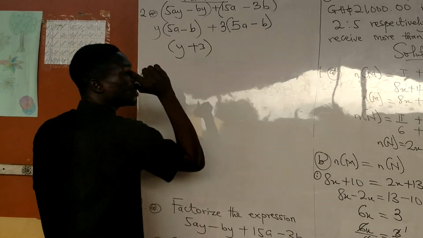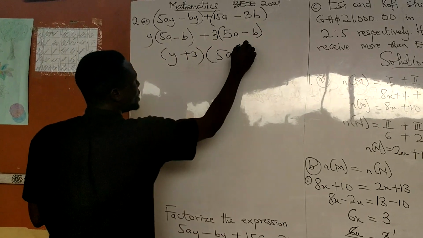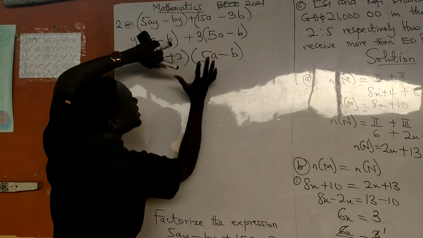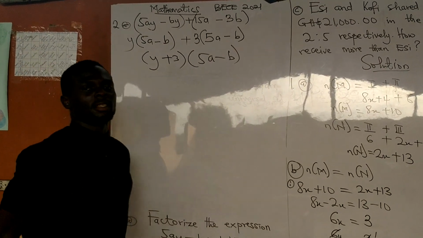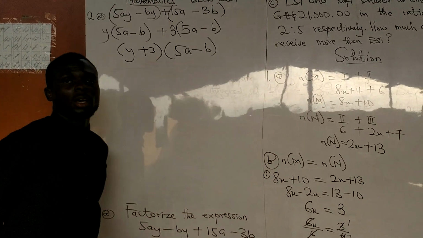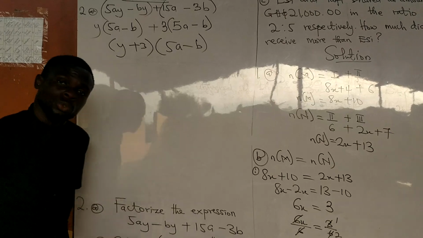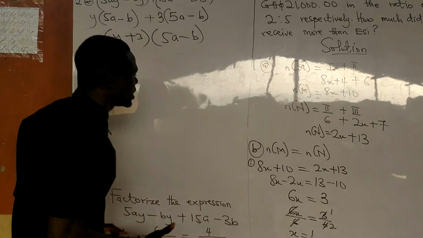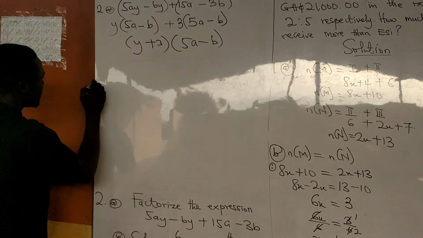Then this and this, you pick one of it: bracket of 5a minus b. And you have been able to factorize completely the expression. And this was what they were expecting from you last year, 2021, or from our juniors. Then we have B.